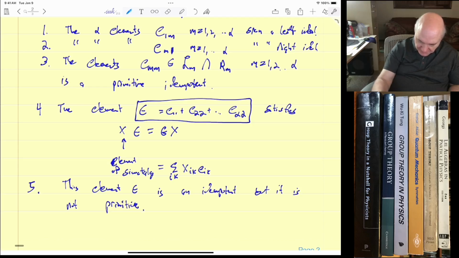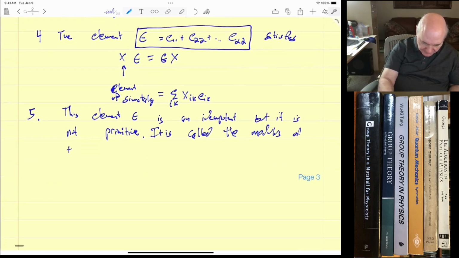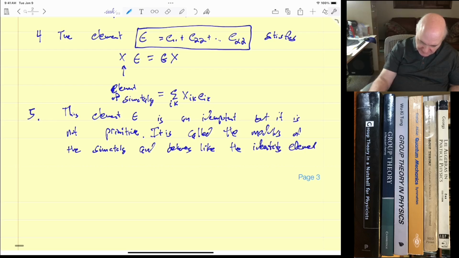As you can see, it's the sum of a whole bunch of primitive idempotents, and it's called the modulus of the simple matrix algebra, and it behaves like the identity element in the simple matrix algebra.